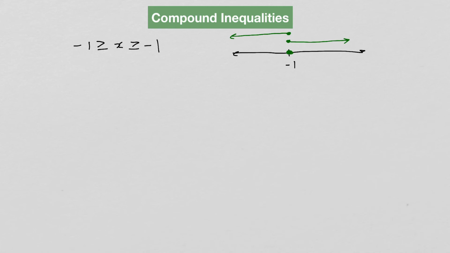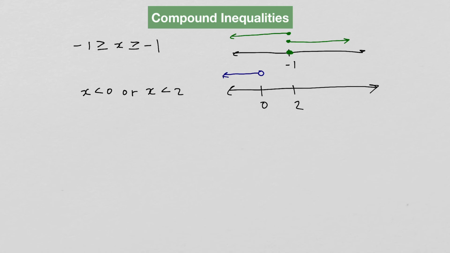Okay, here's another example. X is less than 0, or x is less than 2. So let's graph the first one. The first one says less than 0. So open circle over here, and it's going to go to the left.